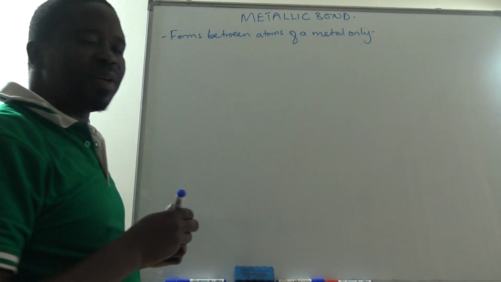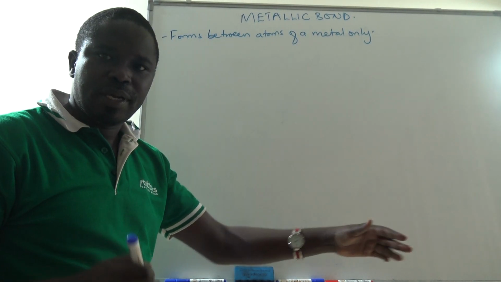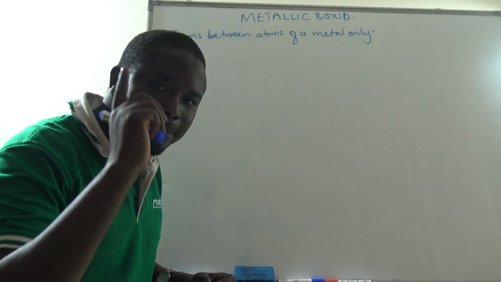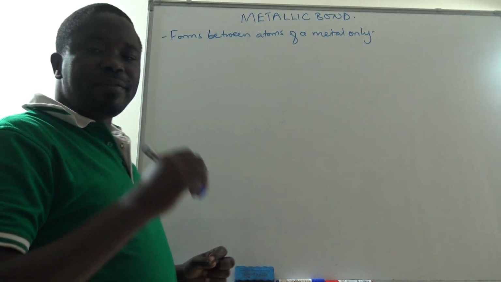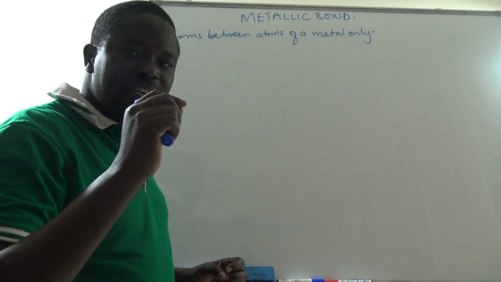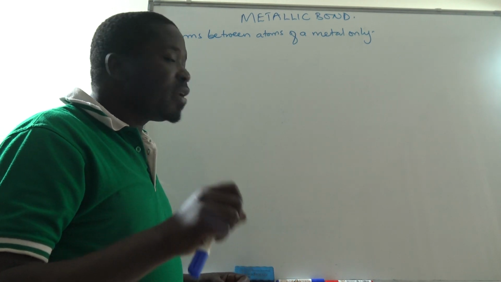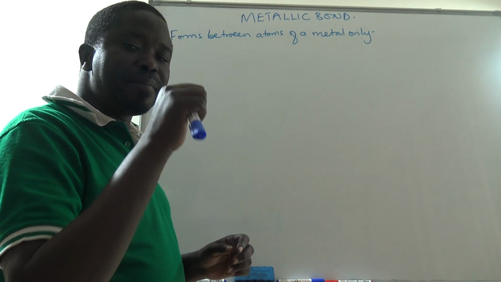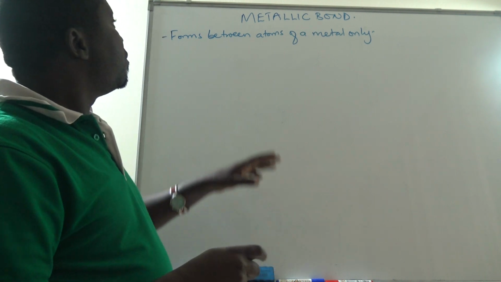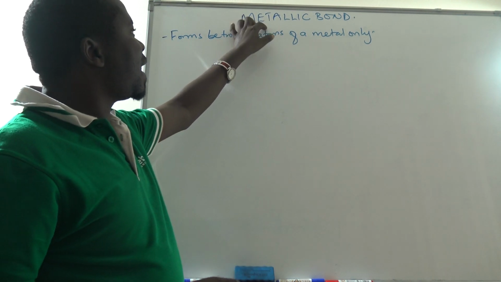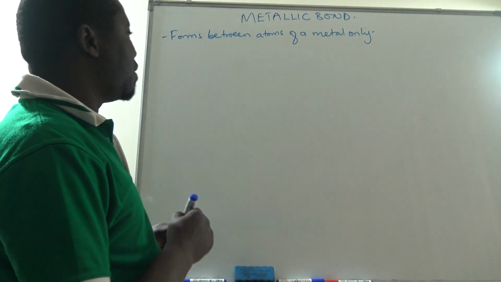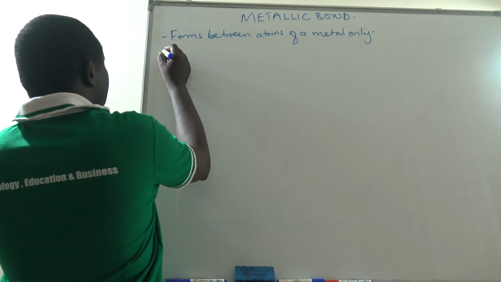It doesn't form between atoms of metals. It is between atoms of a particular metal. If the metal is sodium, then it should be formed between atoms of sodium. If the metal is magnesium, then it should be the magnesium atoms that bond together to form what we call a metallic bond between them. So let us see how it is formed.